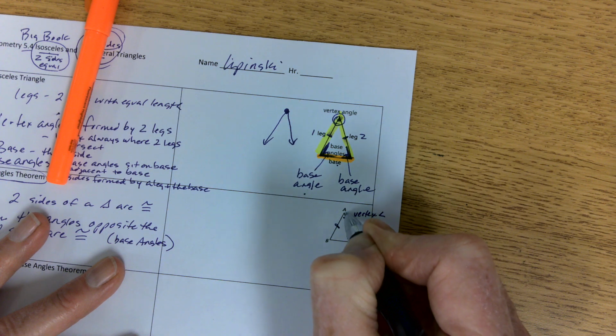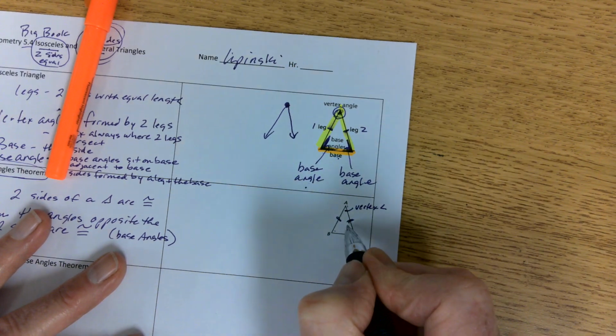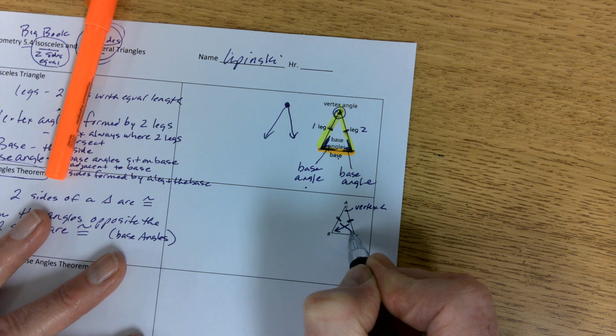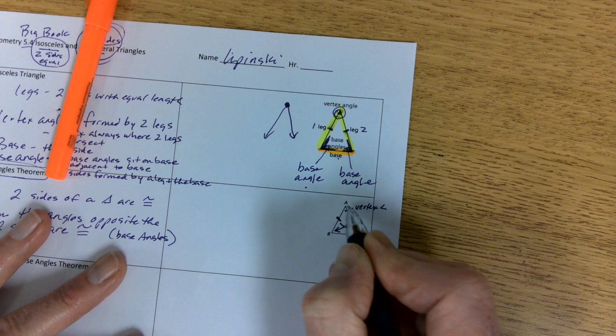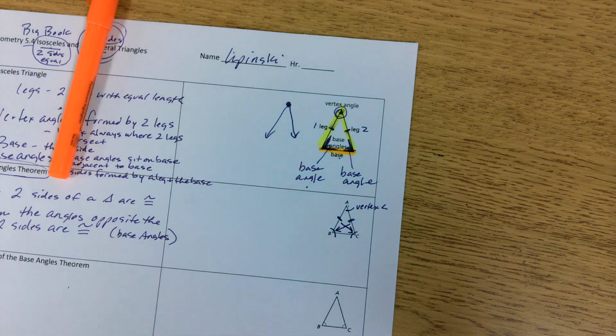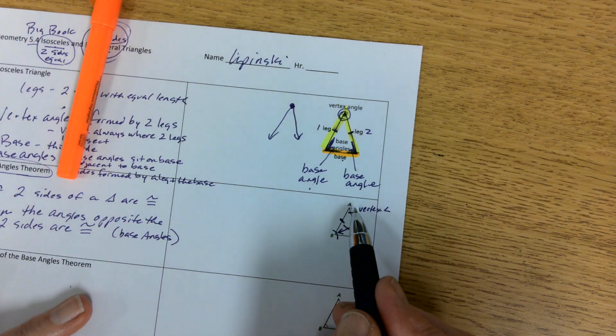So when we're talking about opposites, we know this is a vertex angle, always, because that's where the two legs meet. These two angles down here are the base angles, and they are opposite of the legs. So if two sides are congruent, then these two angles are congruent. Let's write this way.